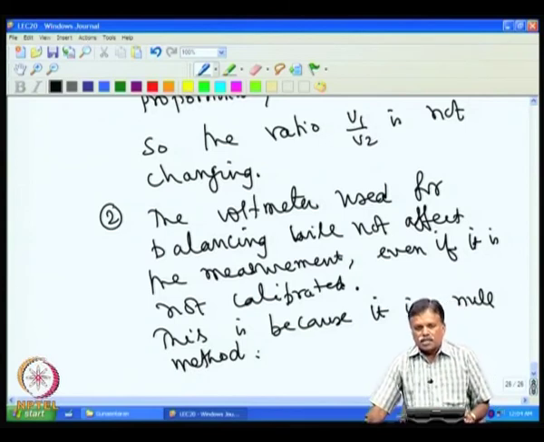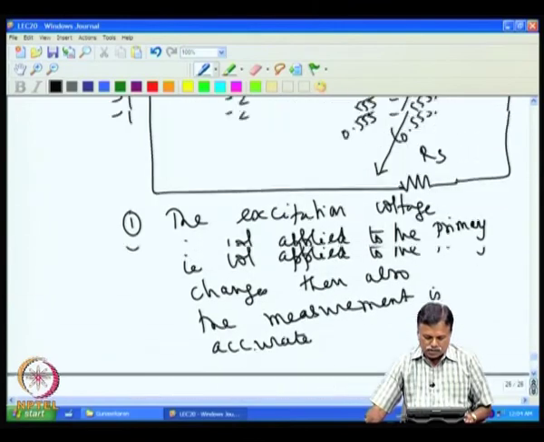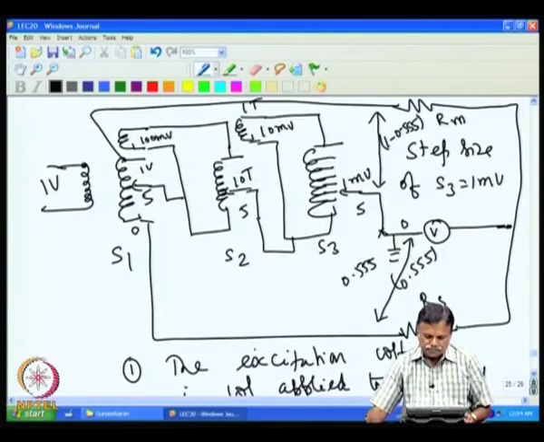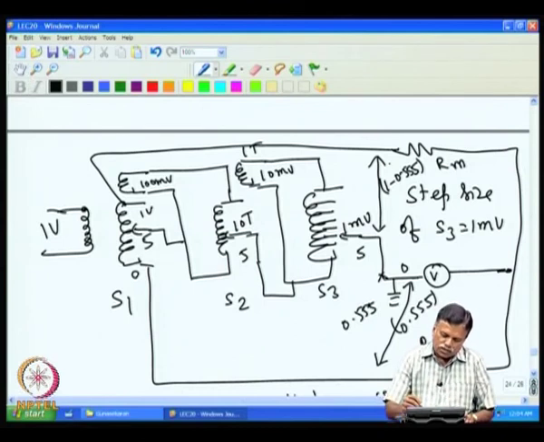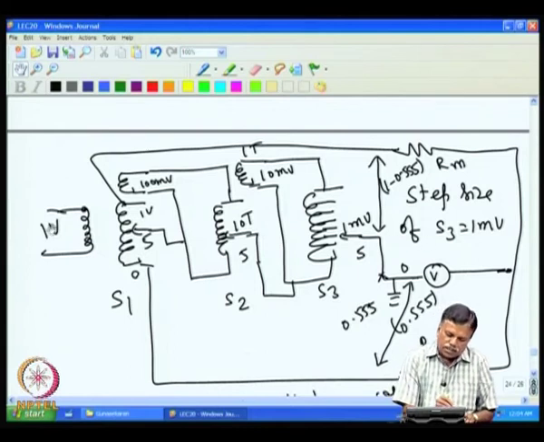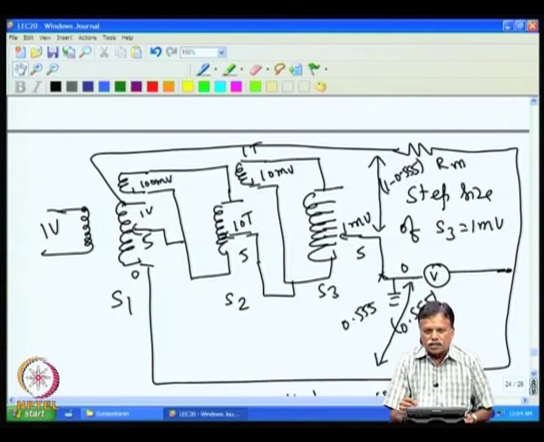So, one can measure the resistance accurately, and the leakage resistance has no effect, as we already discussed. The voltmeter we are using here for balancing, even if it has error, will not produce any error in measurement, and even if the excitation voltage changes, that also has no effect on the measurement.